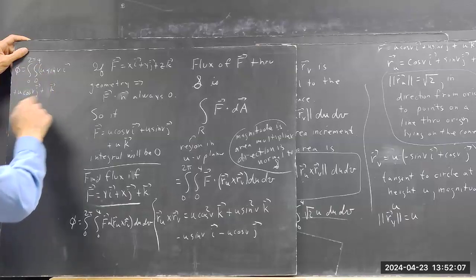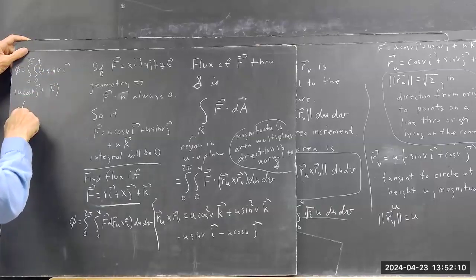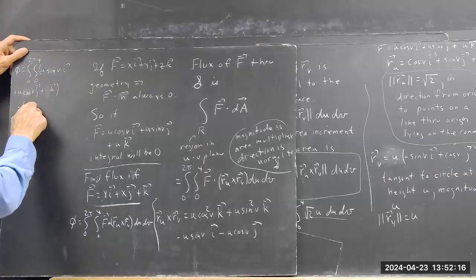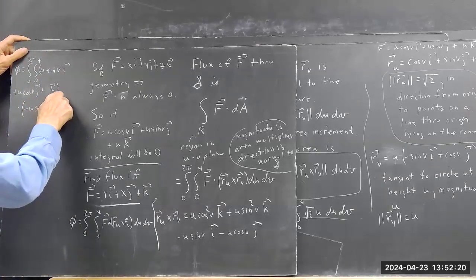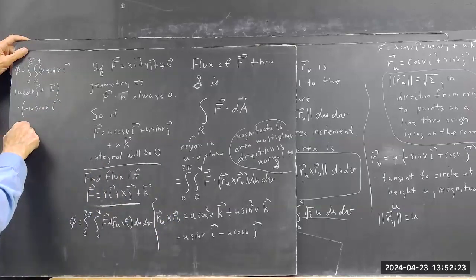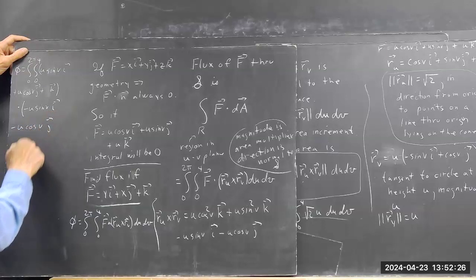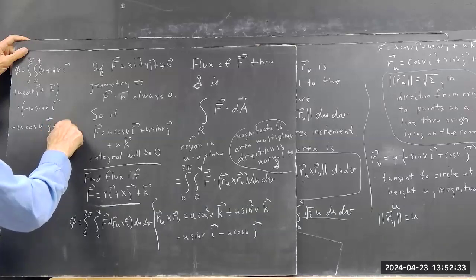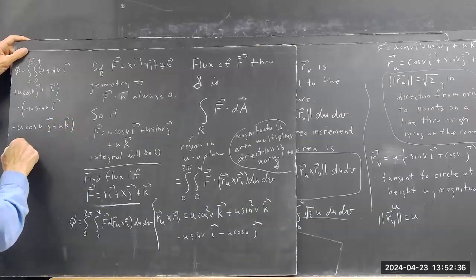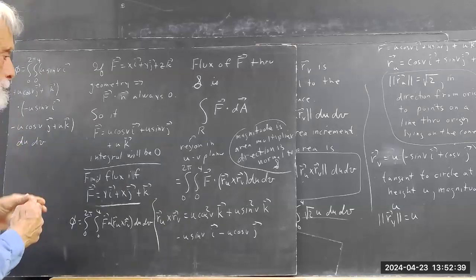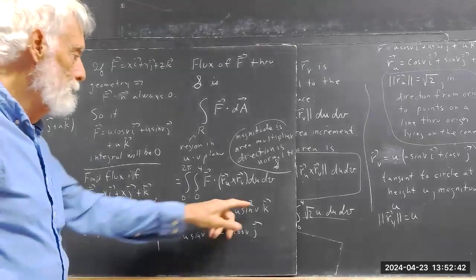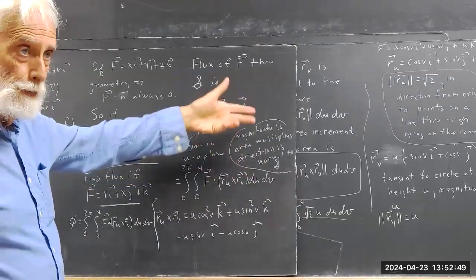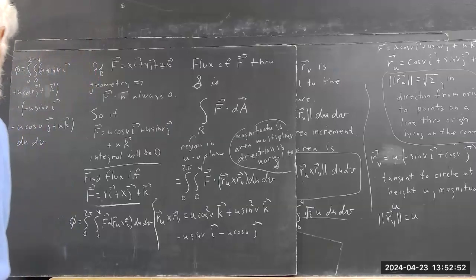It's not plus uk, it's just plus k, dotted with our ru cross rv, which is negative u sine v i minus u cosine v k plus uk du dv. Now, why is it uk? You know, two components of k, factor out the u, you got a sine squared plus cosine squared, that's just going to give you 1, you're just going to get uk. That should be pretty familiar too.